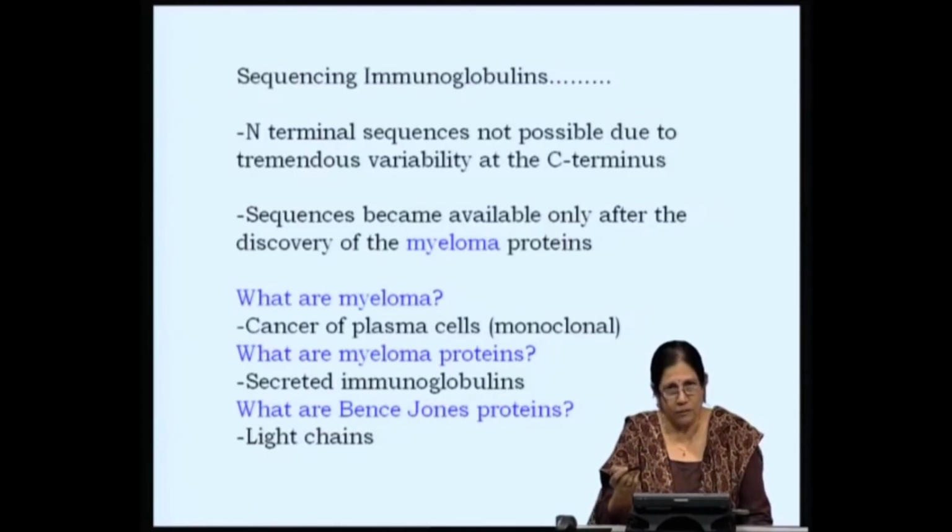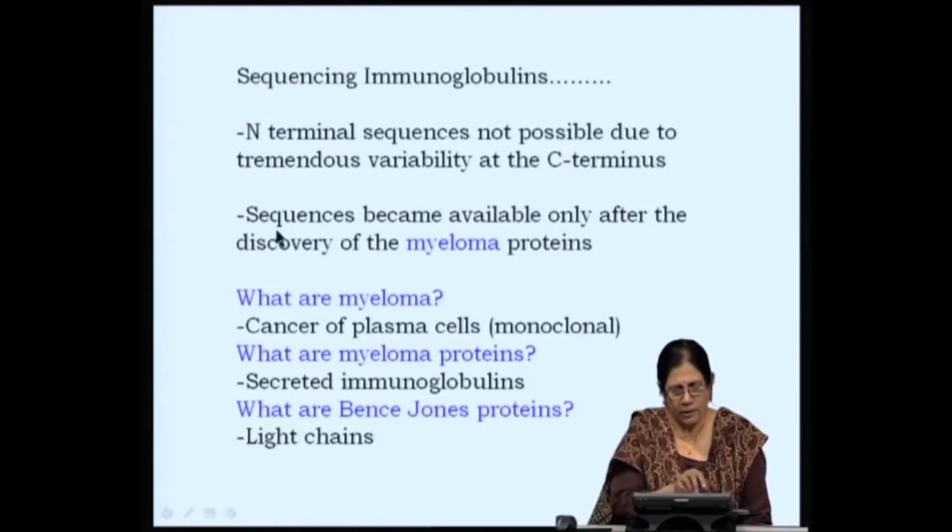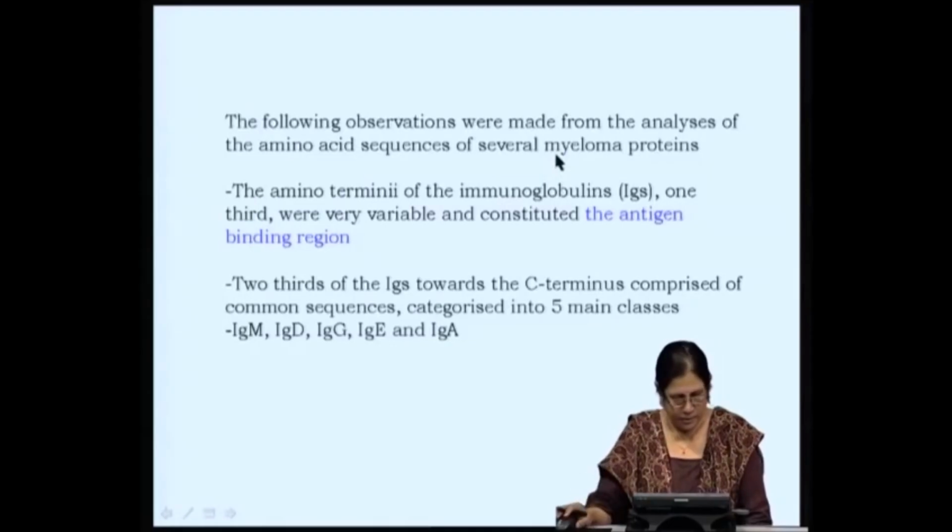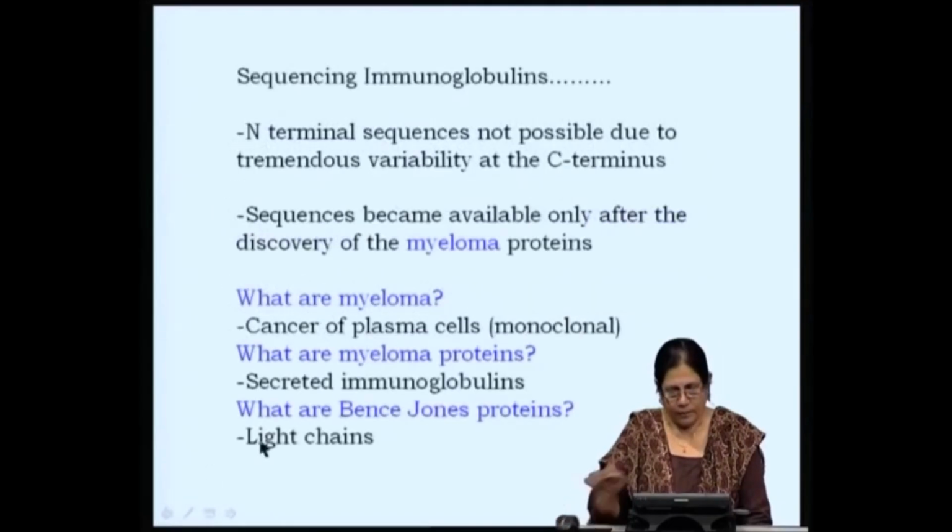Now, of course, it is very easy for us to see why, because there is tremendous variability at the N terminus, and therefore, N terminal sequencing was not possible due to tremendous variability at the N terminus.